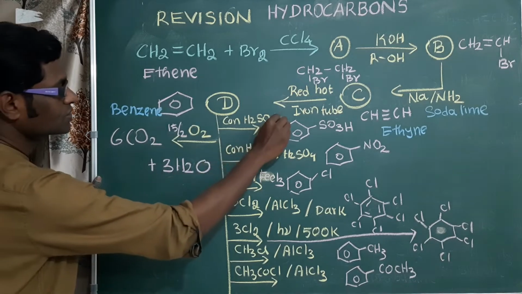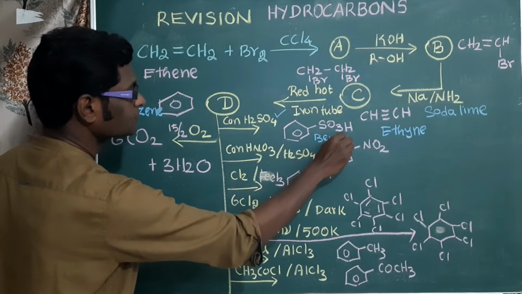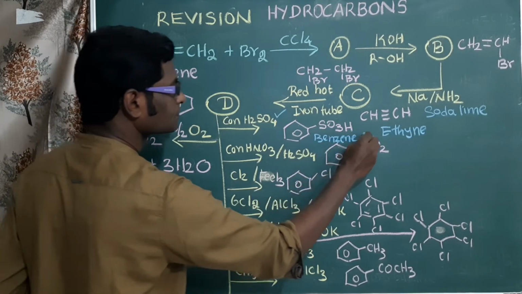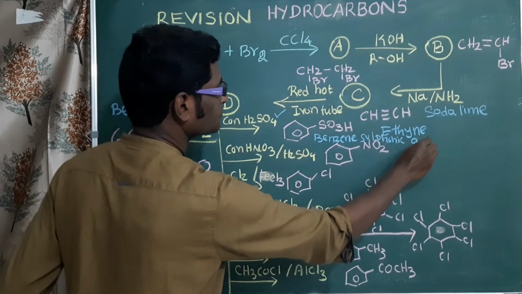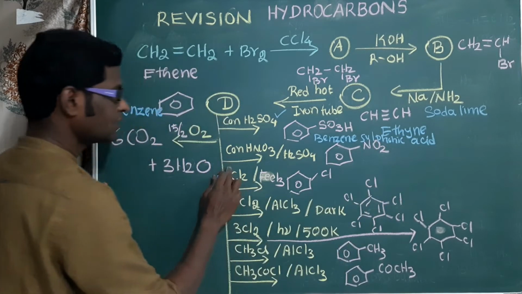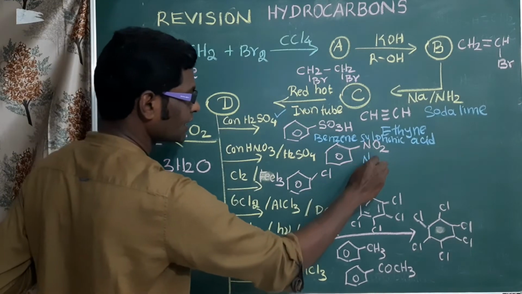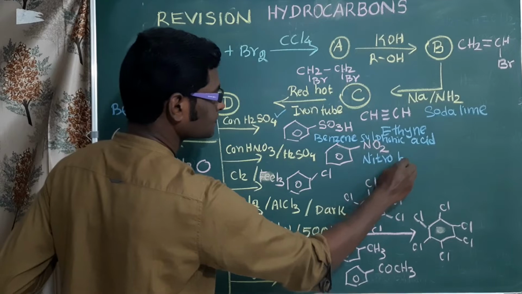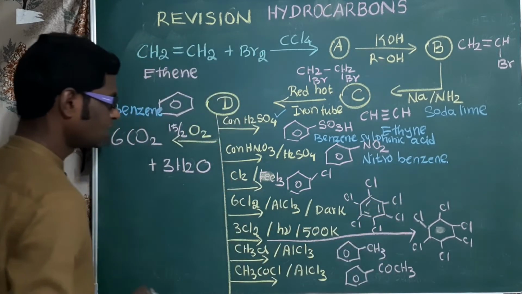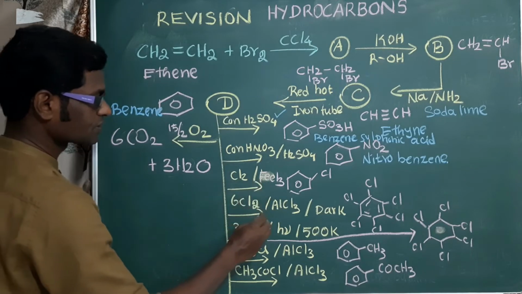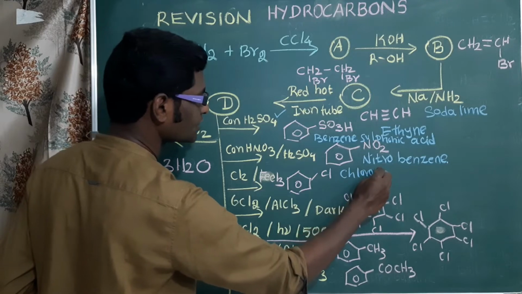Benzene treated with concentrated sulfuric acid gives benzene sulfonic acid. Then benzene treated with a mixture of concentrated nitric acid and sulfuric acid gives nitrobenzene. Then benzene treated with chlorine in the presence of ferric chloride gives chlorobenzene. This reaction is called chlorination.